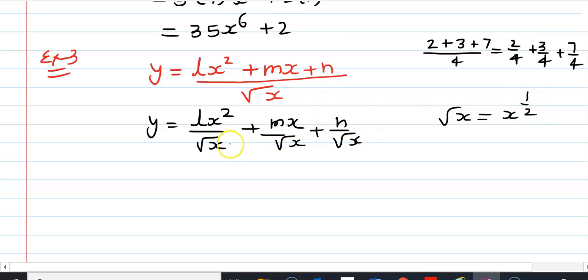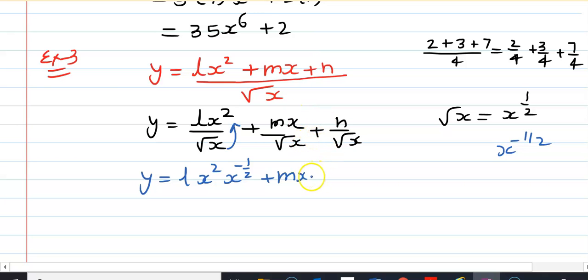So when this power goes up here, it will be x to the power minus half. So let's write y equals l x² times x to the power minus half, mx, this is also going up, so it will be x to the power minus half. I'm putting a dot here. Dot means multiplication in algebra, and n x to the power minus half.